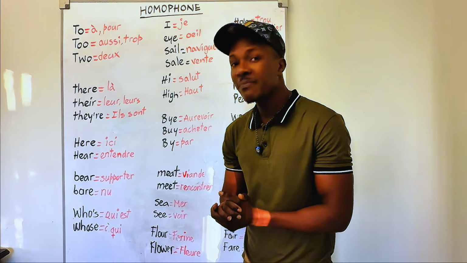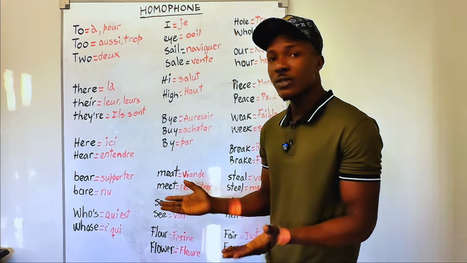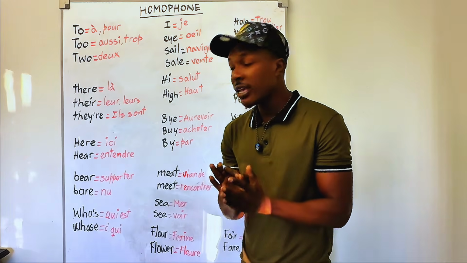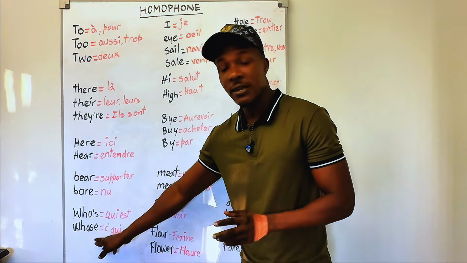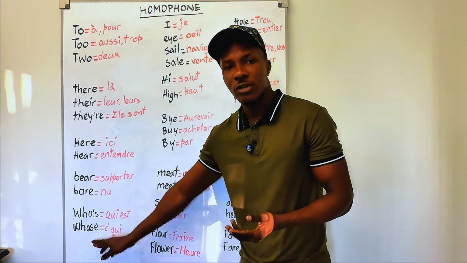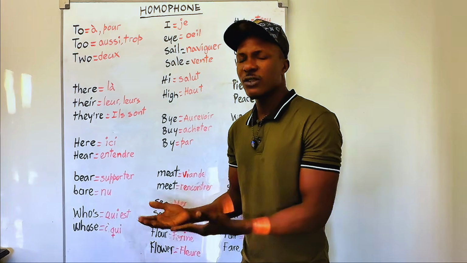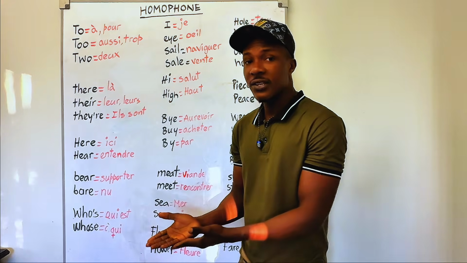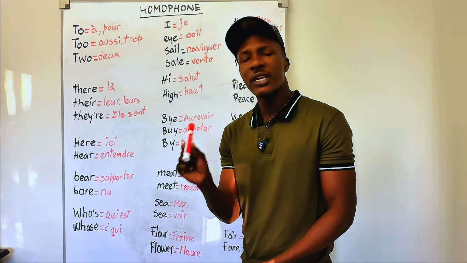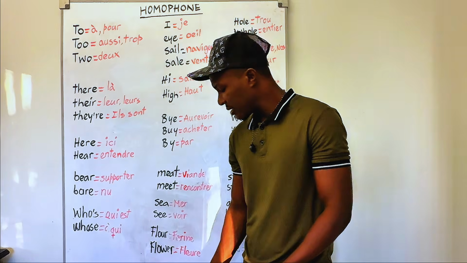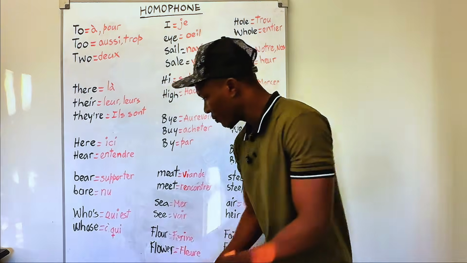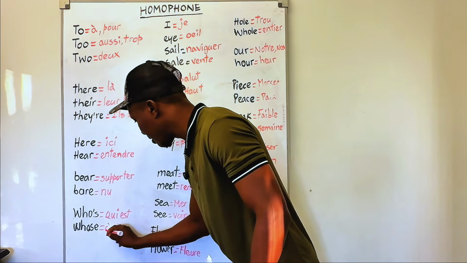Can you say it? Who's there? And then we have "whose," same pronunciation, but different meanings, different spellings as well. So you say, whose? À qui? Whose is this? À qui est ça? Whose is this? Okay, it's a question word mostly. So you say à qui, okay?